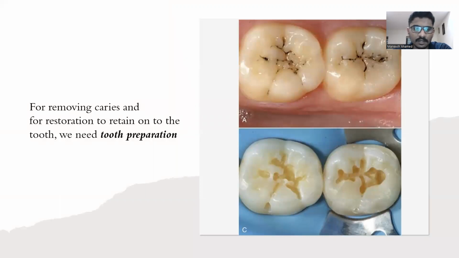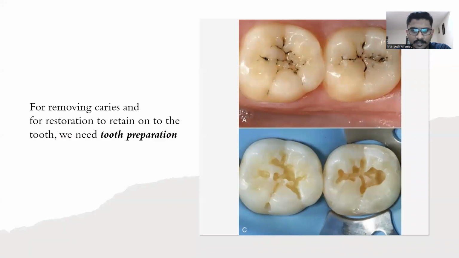So for removing the caries or the defective dental pathology and for restoring the tooth to its normal form, we need a certain tooth preparation design. It is obvious that we need to remove the defective structure. We know that dental caries can cause destruction to the tooth structure, so it is a defective area in the tooth.